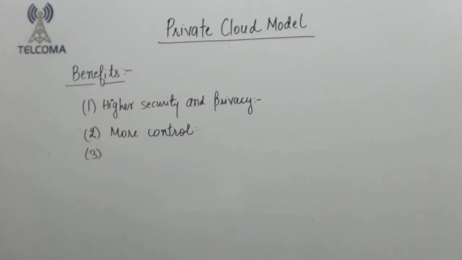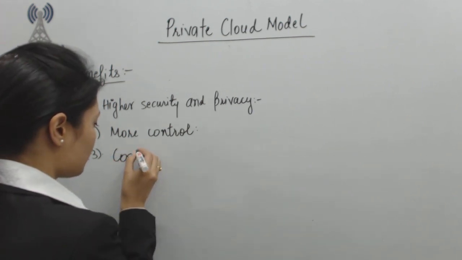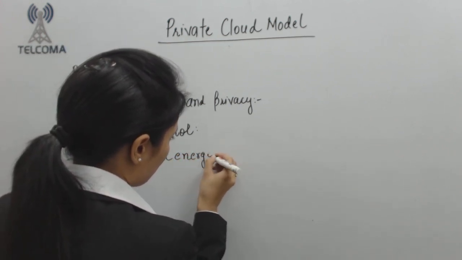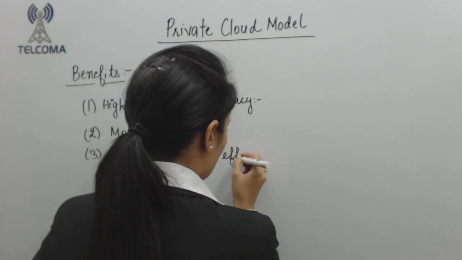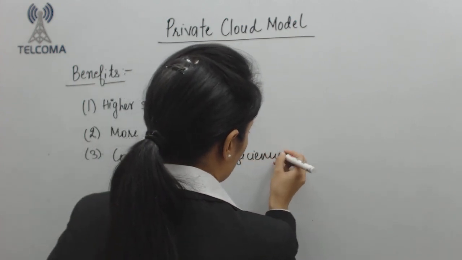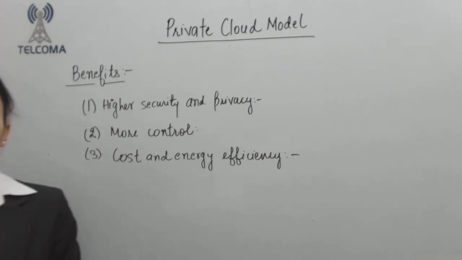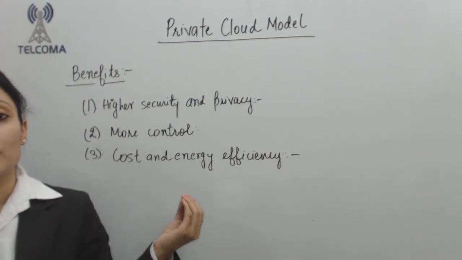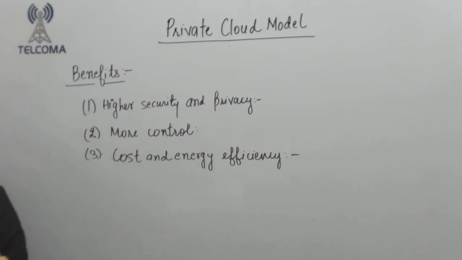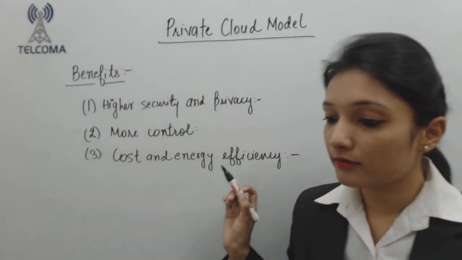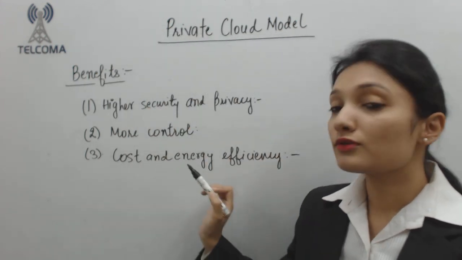The third advantage associated with your private cloud model is cost and energy efficiency. Implementing a private cloud model can improve the allocation of resources within a particular organization by ensuring the availability of resources to the individual functions of particular departments.